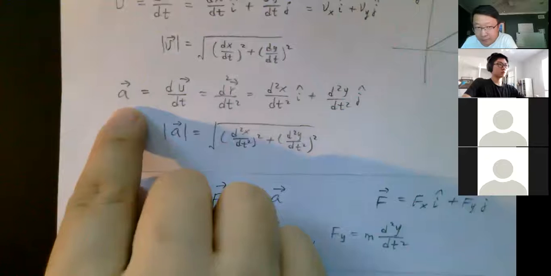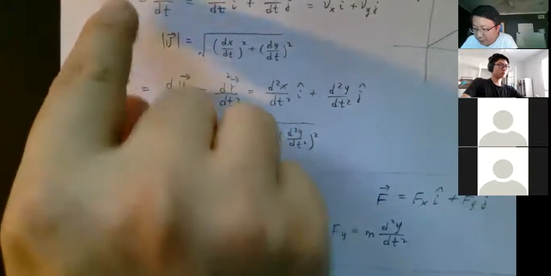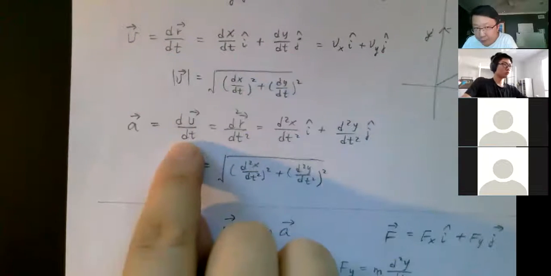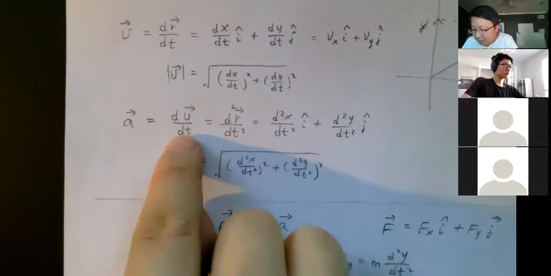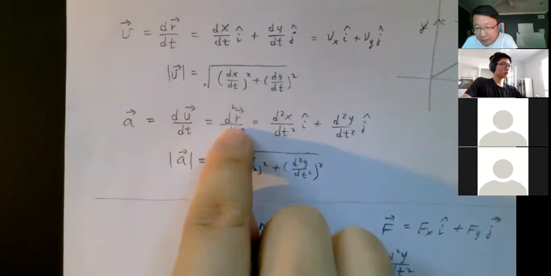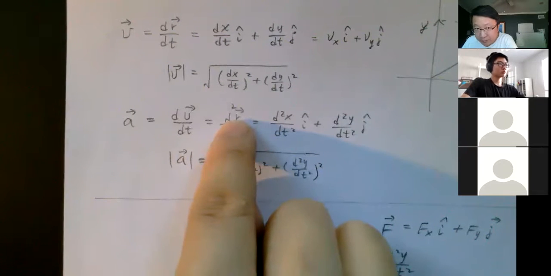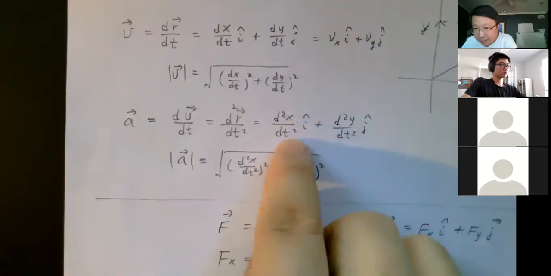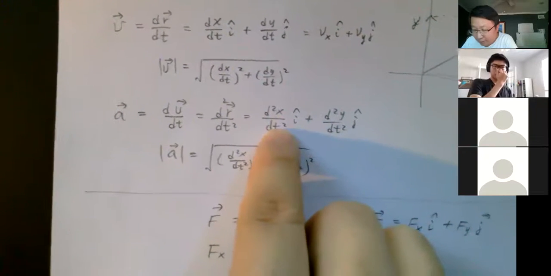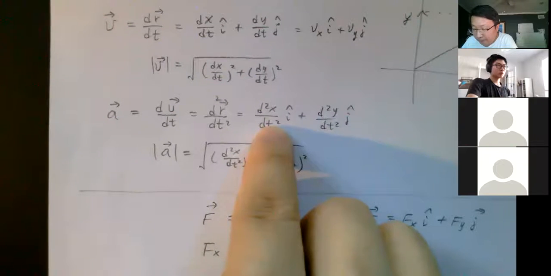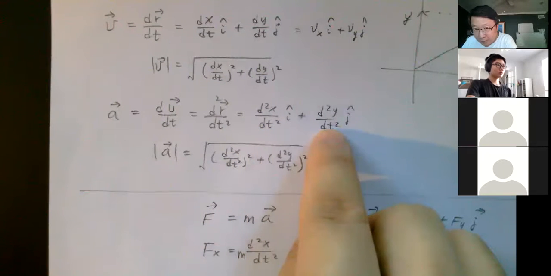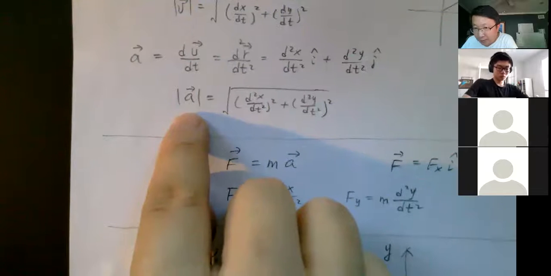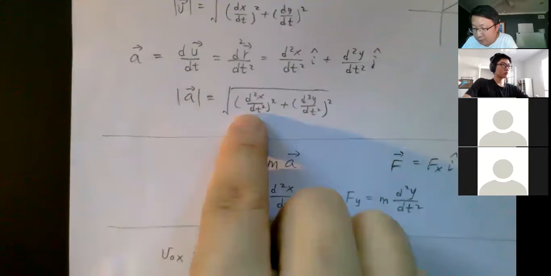And then the acceleration is the velocity vector's changing rate. So it's basically taking the second derivative of the position vector. So eventually it becomes the second derivative of x in the x direction, second derivative of y in the y direction. So the acceleration amplitude equals this.